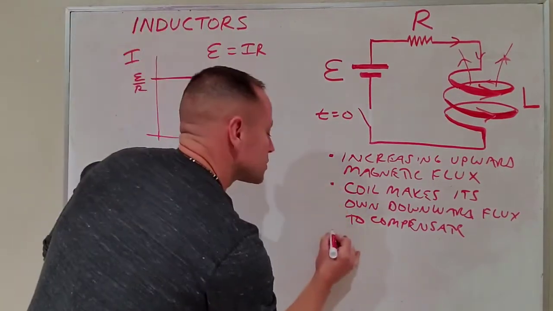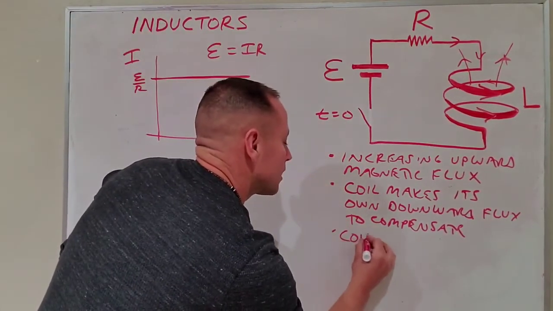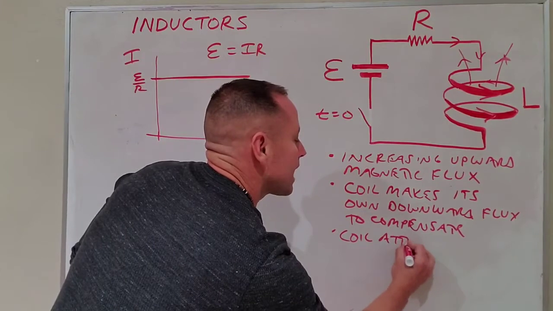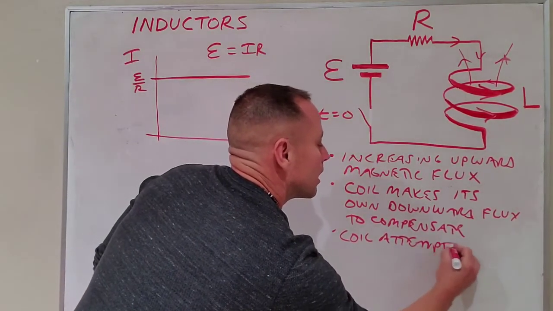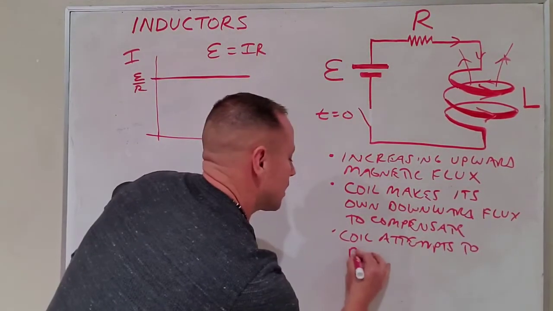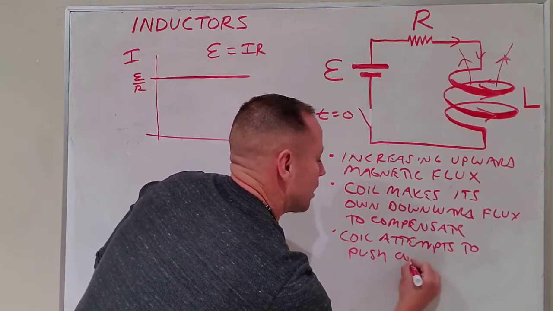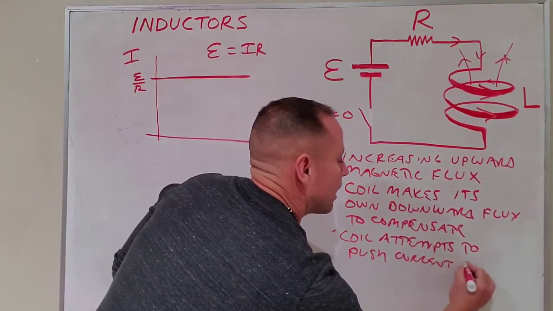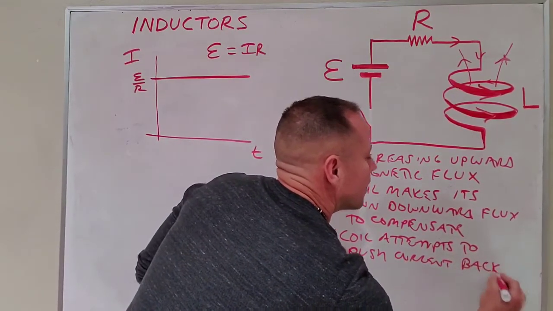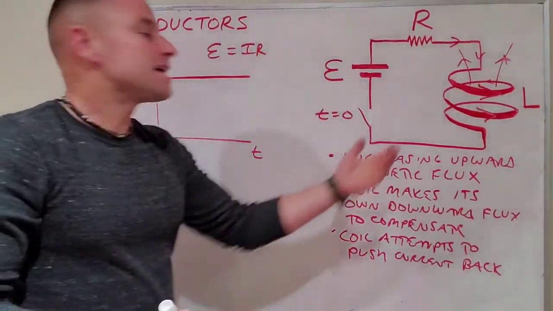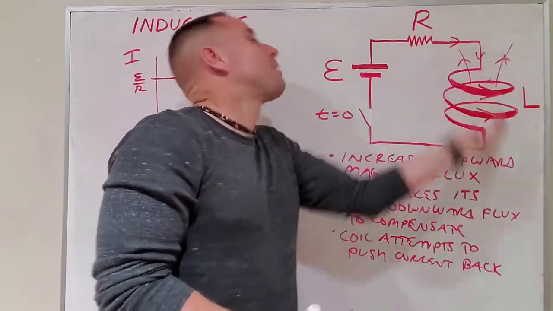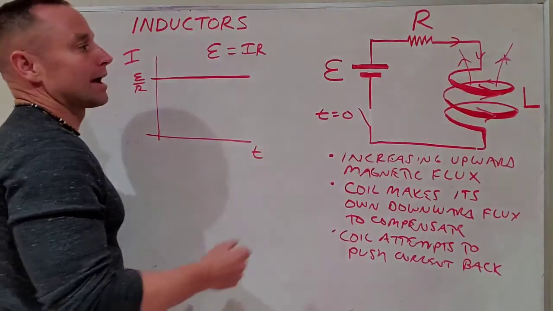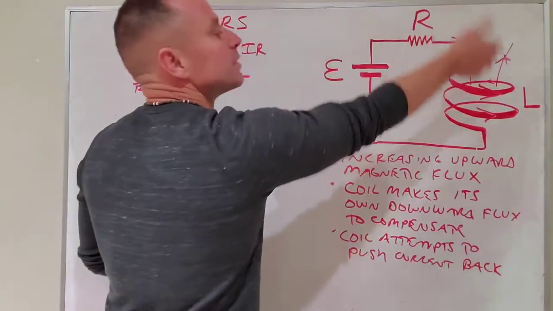Okay, so the coil attempts to push the current backward. In other words, it applies its own voltage backward against the battery. So it fights this buildup.